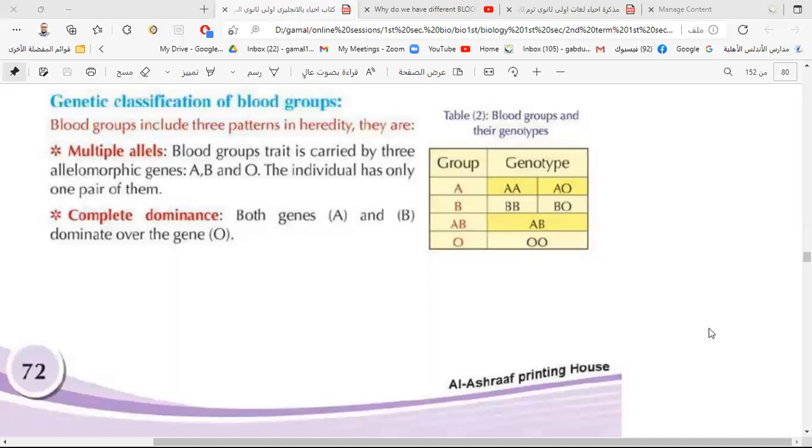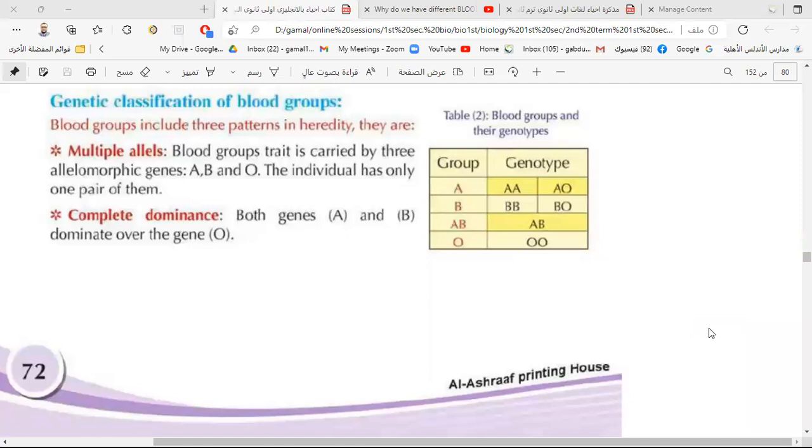It may cause death. In these emergency cases, if you want to donate blood, you have to know your blood group. And if you want to receive blood from a donor, you also have to know your blood group. Somebody who has a surgery or an accident often needs a donation of blood. So you have to know your blood group for many reasons.